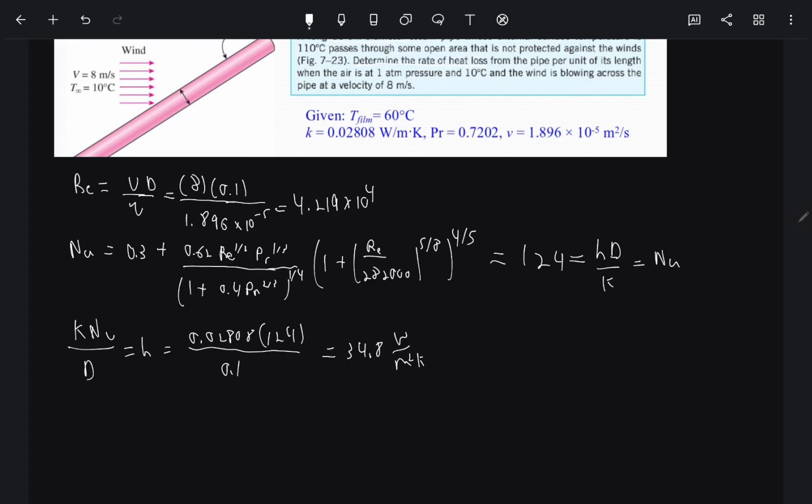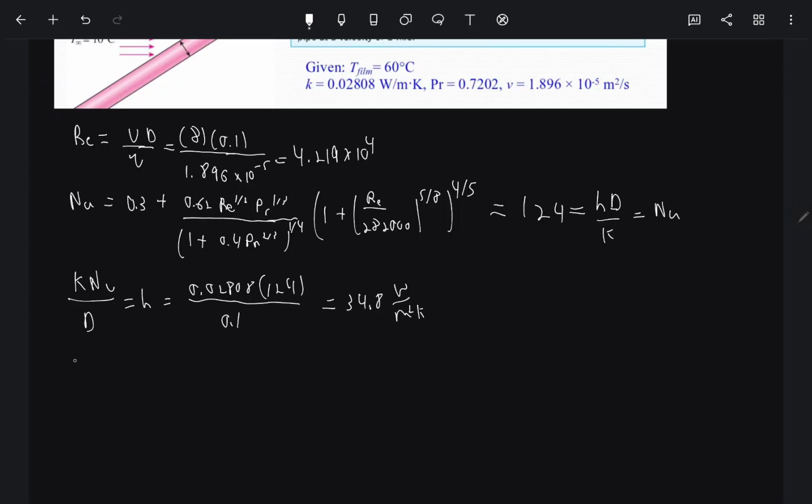All right. Now for Q. So Q for convection is hA times Ts minus T infinity.